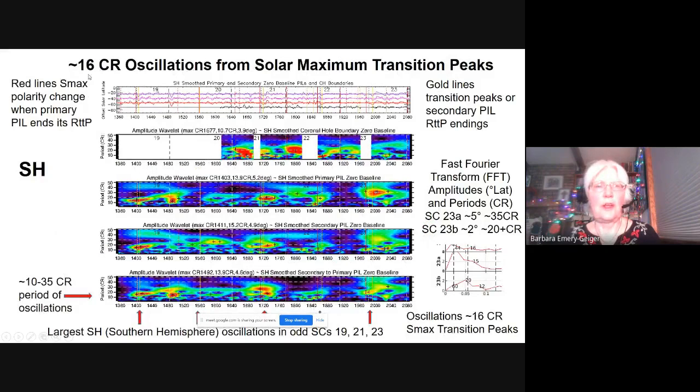So we're looking now at the wavelets, and the first thing we do is find this zero baseline where we remove the slopes. This is the zero baseline plotted for the coronal hole boundaries.